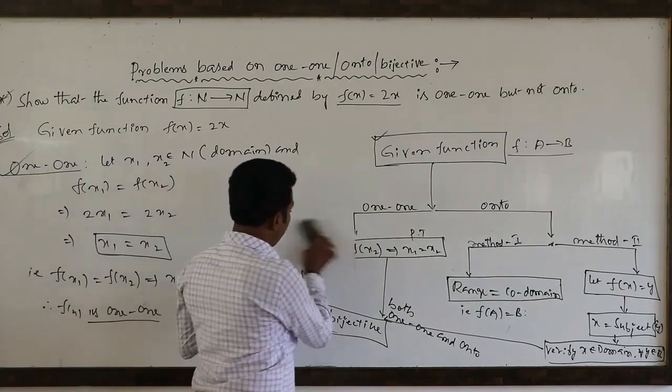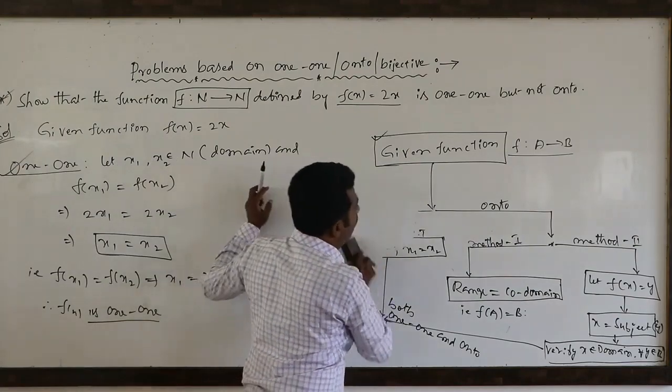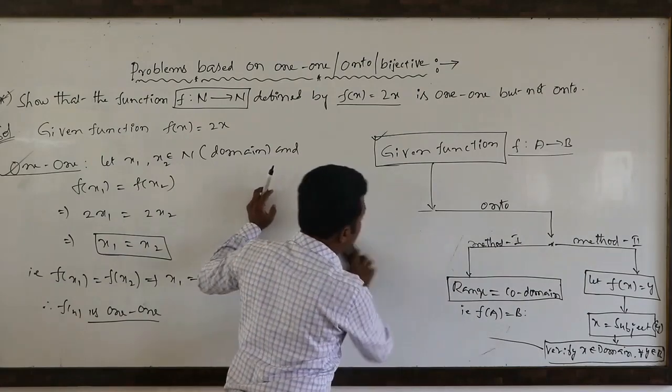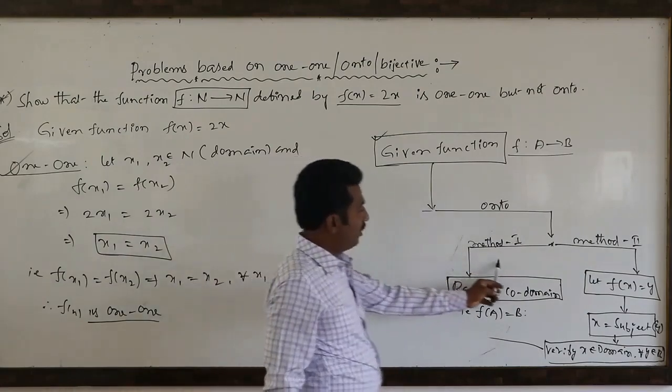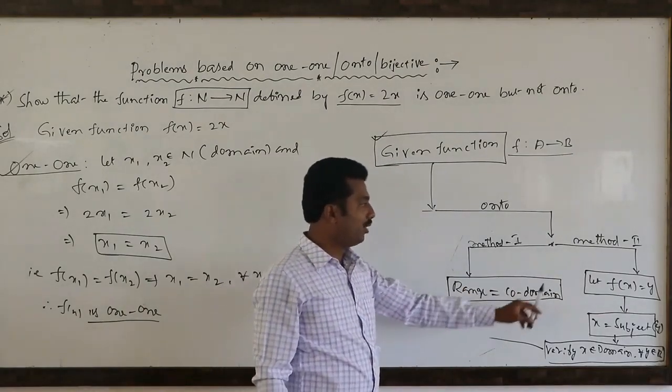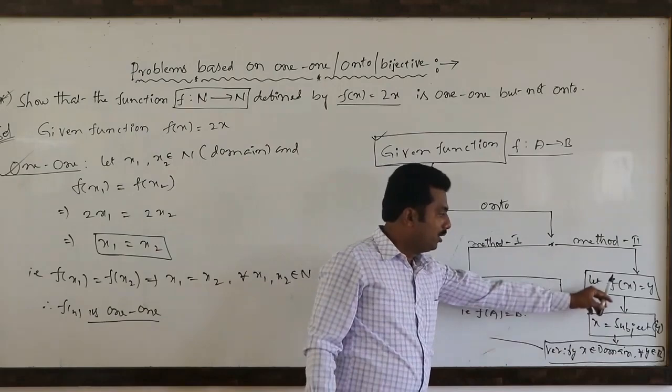Next, whether the function is onto or not. See here, for onto there are two methods. Method 1: the range of the function is equal to the codomain. Method 2: we follow this algorithm.